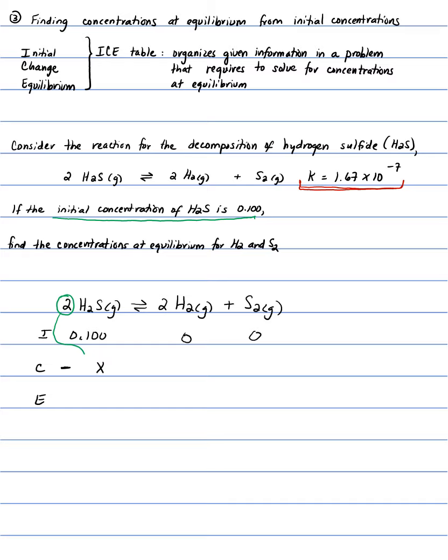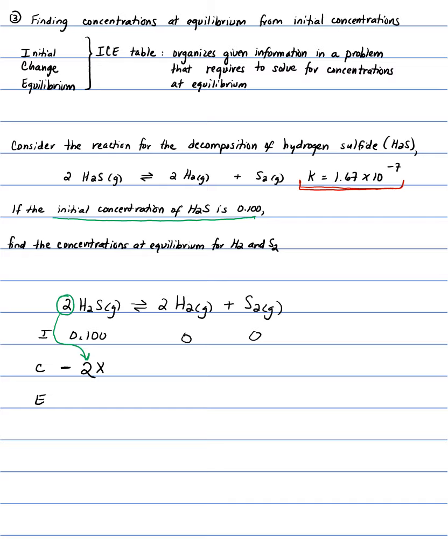So in front of this change here, we're going to use the same coefficient. So your initial concentration for hydrogen sulfide is changing by minus 2x. The x represents that actual amount that your concentration is changing by.